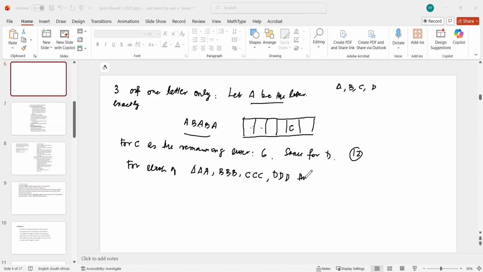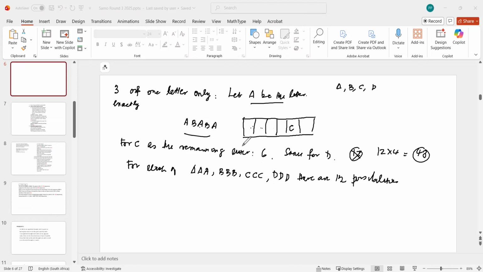There are 12 possibilities. So therefore, altogether, it's 12 times 4 equals 48.